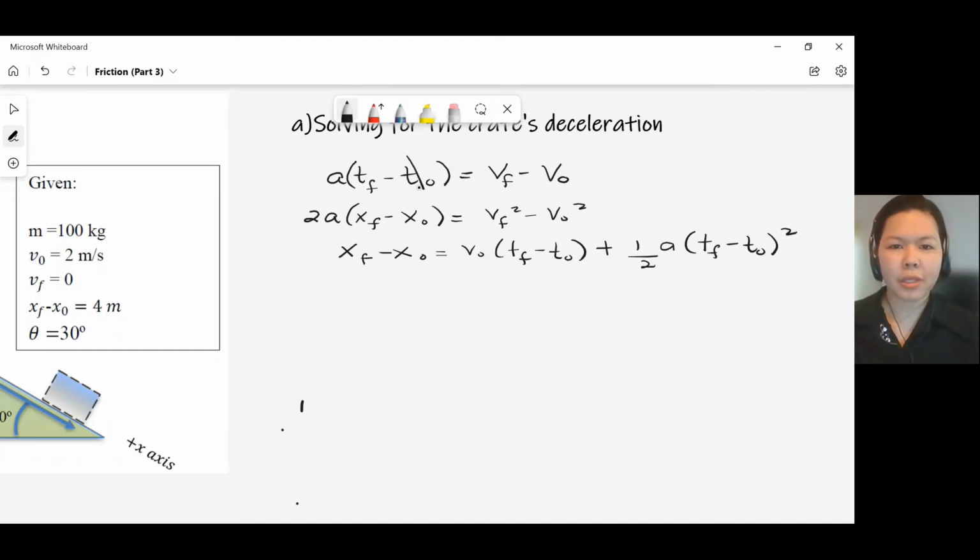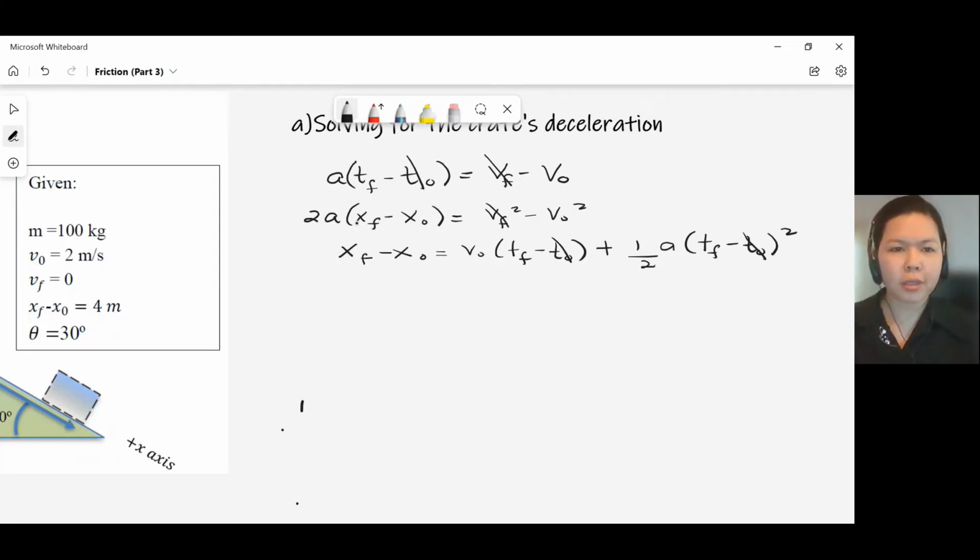T naught is always 0, so let's drop all the t naughts. And here, since the crate stopped, Vf is 0.